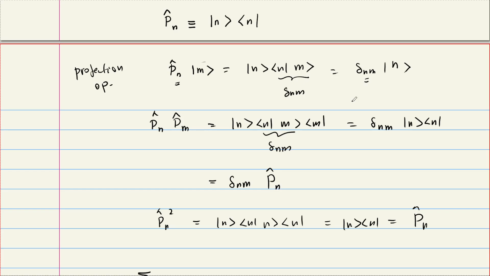From the inner product, I have delta n m, which is here, and what remains is this. But with a delta function, you can write it n or you can write it m, it doesn't matter. But I think n is better because we are trying to project it on n.